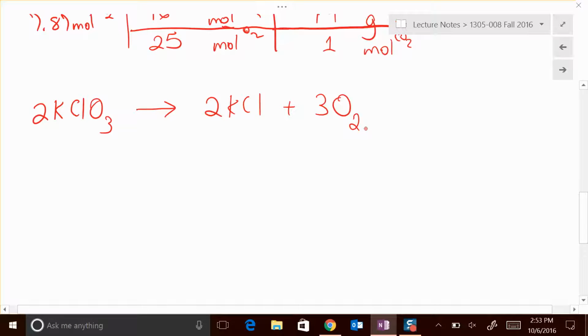So I want to go, let's say you have 2.98 grams of KClO3. How many grams of KCl would you make? So I want you to work that out for a minute and see if you can figure it out. And then we'll set it up together. Think about the process you want to follow to get there. And this KCl needs to be in grams. How many grams of KCl?